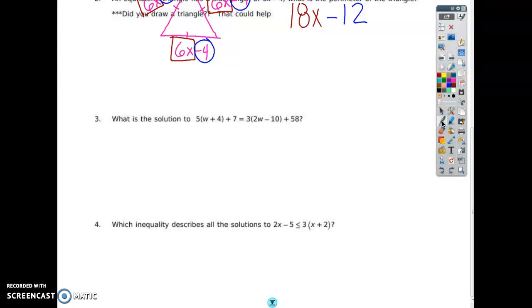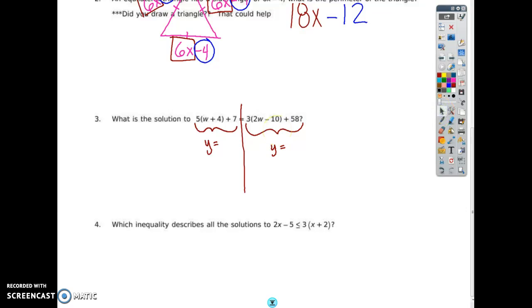What is the solution to this? We're going to do this in decimals. Okay, we're going to put this in y equals, and we're going to put this in y equals. Everybody put this side in y equals and this side in another y equals right now.